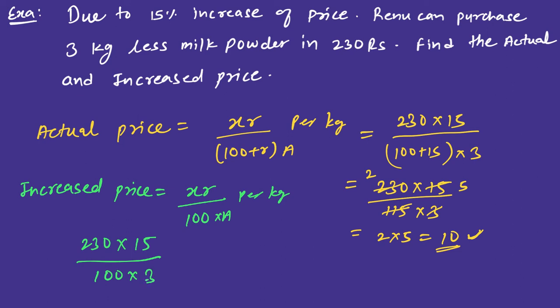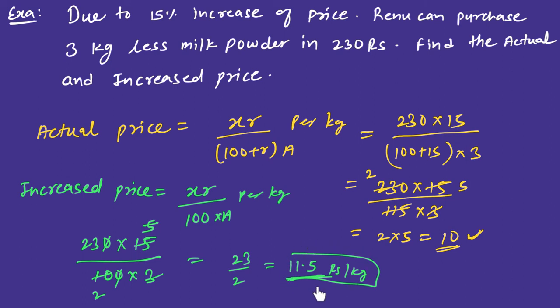So I can cut this 3 with this 15 five times, and 0 to 0, and from this 10 and this 5 I get 2. So upside I have 23, downside I have 2. So I can say 11.5 rupees per kg. This is my increased price. So my actual price was 10 rupees. Now the price is increased, so the increased price is 11.5 rupees per kg.